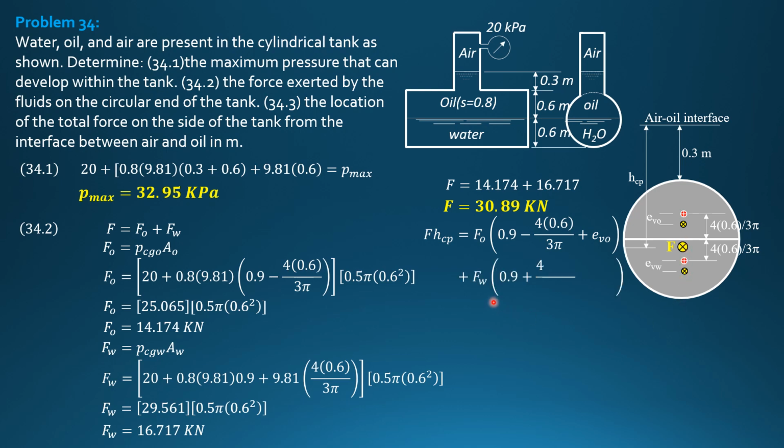So F water, 0.9 plus 4r over 3 pi plus e sub VW, or e sub V of water.